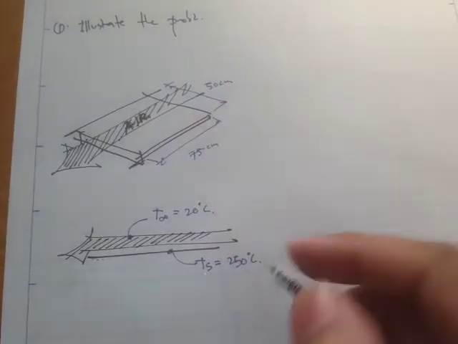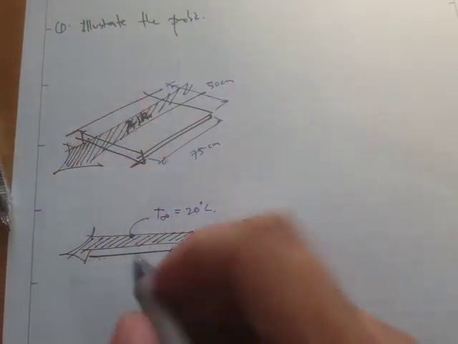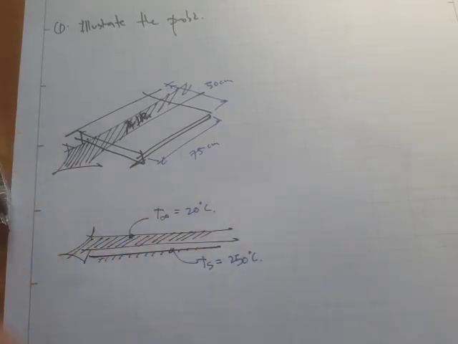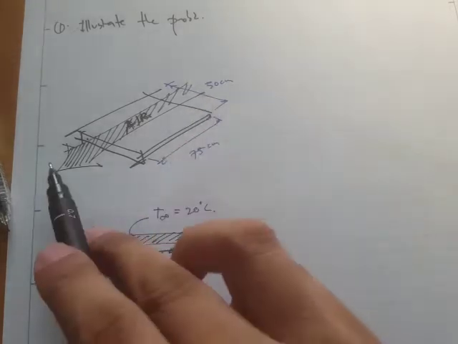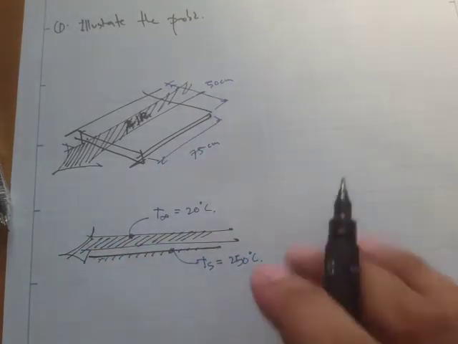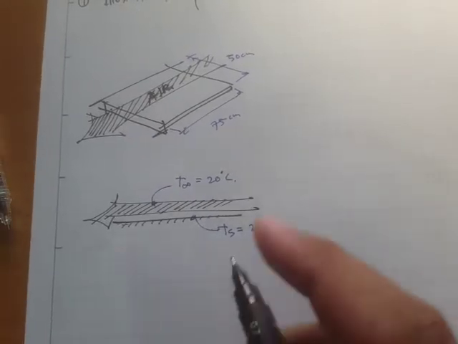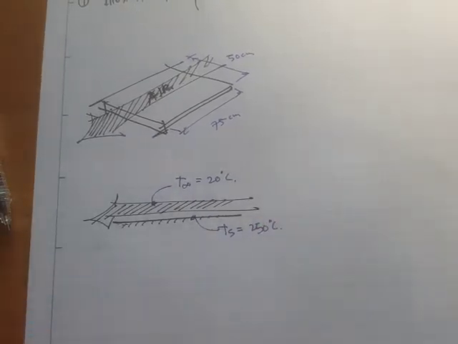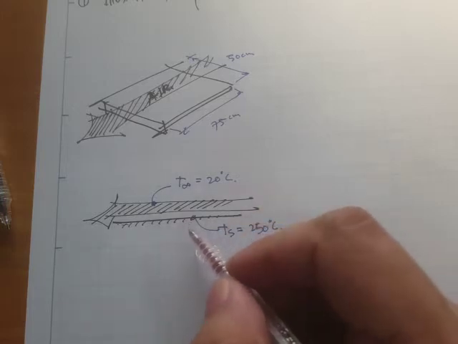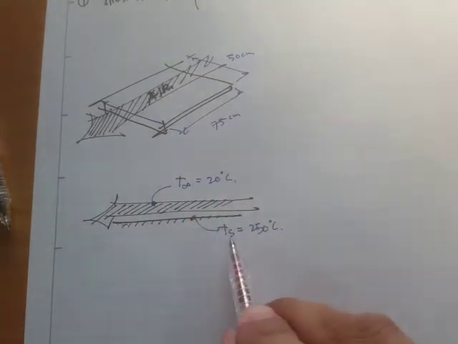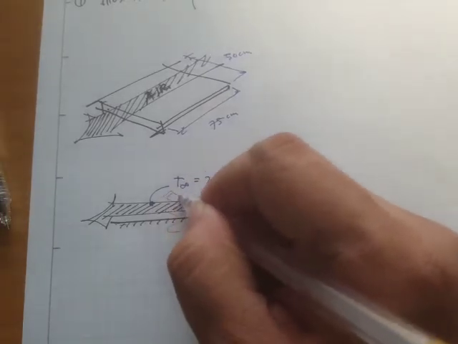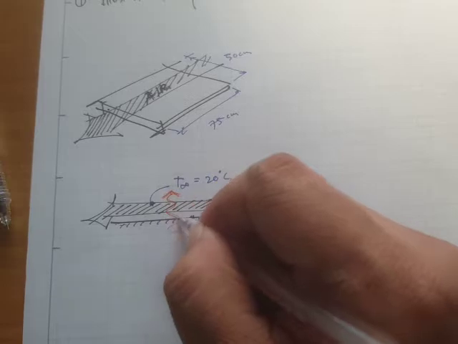Okay, so you can see now that we have the area, we have this fluid motion, we have the temperature difference, then therefore we can just simply solve for the heat transfer. Also, by the way, since Ts is greater than the T of the fluid, then the heat transfer direction would be this way.